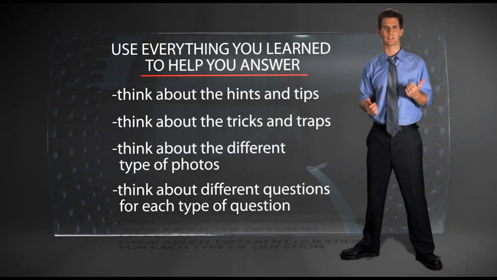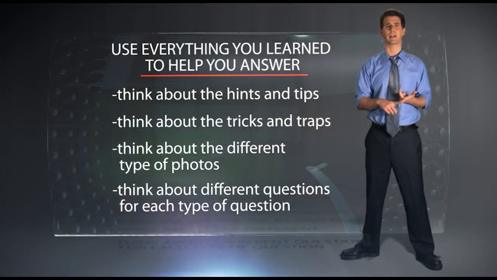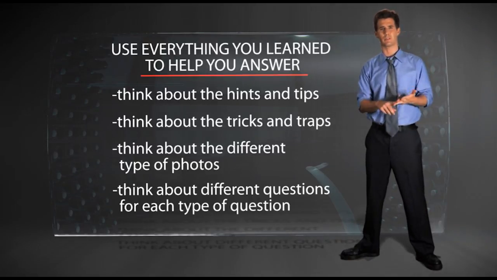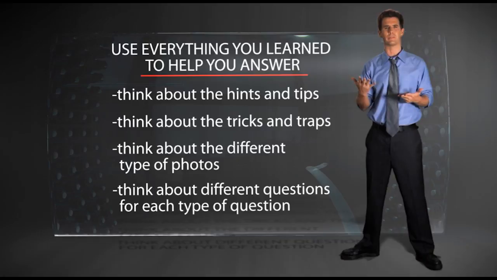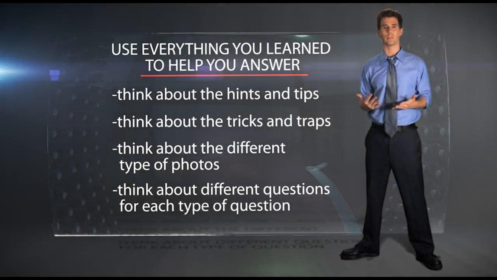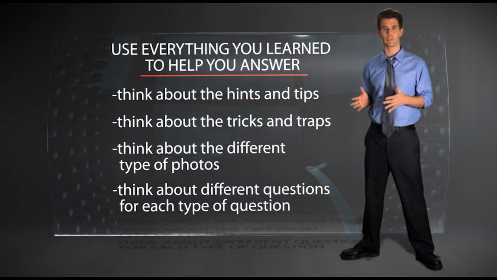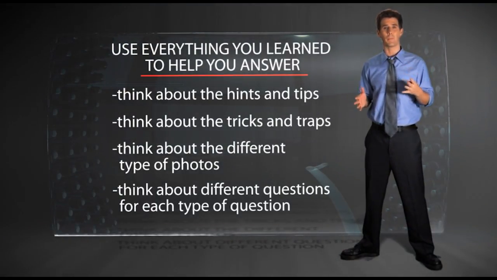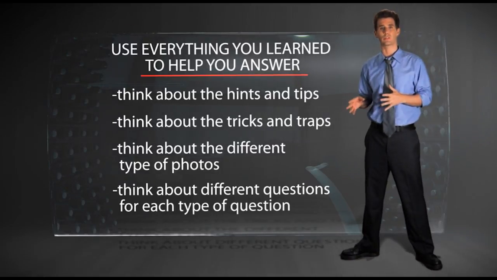Remember in the questions lesson, we talked about the different kinds of photos, a people photo, an object photo, a scene photo. And for each photo, we had 4 or 5 different questions that we should ask ourselves. What we want to do is when we preview the photo for step number 3, we want to start thinking about all those questions.